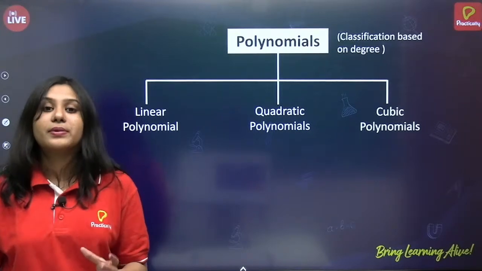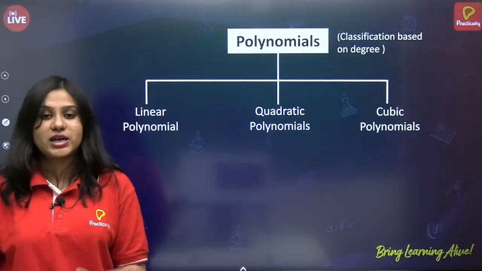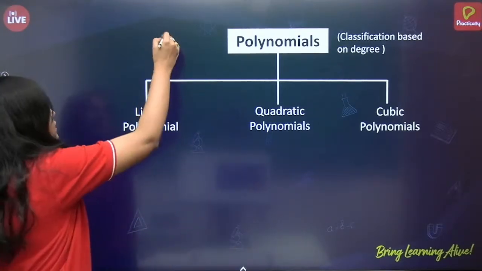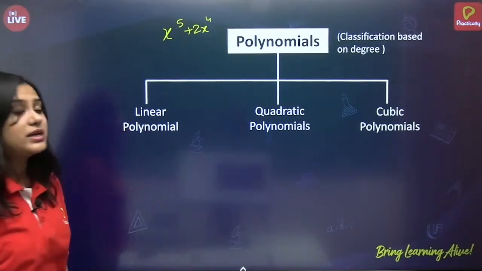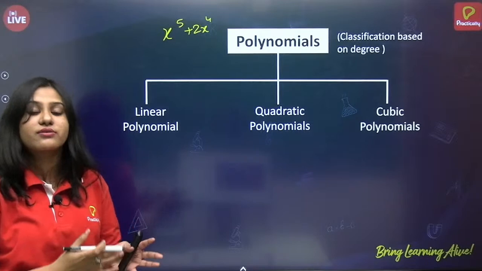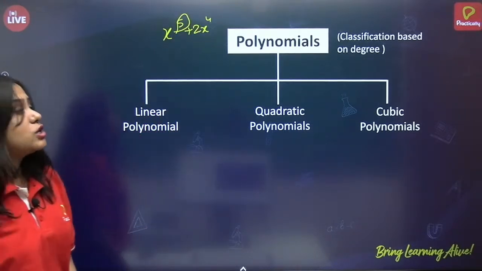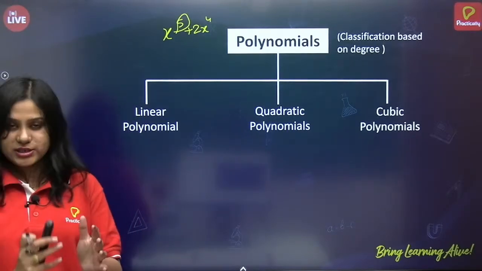It is nothing but the highest power or greatest exponent of the variable in the given expression. So if I write x power 5 plus 2x power 4, what is the degree of the given polynomial? It is 5. Correct? So now we know what the degree of the polynomial is. We have already studied it but just repeated it.